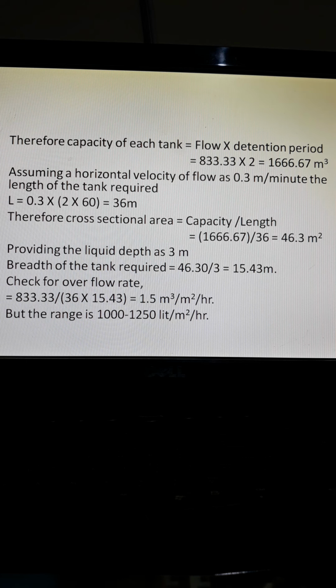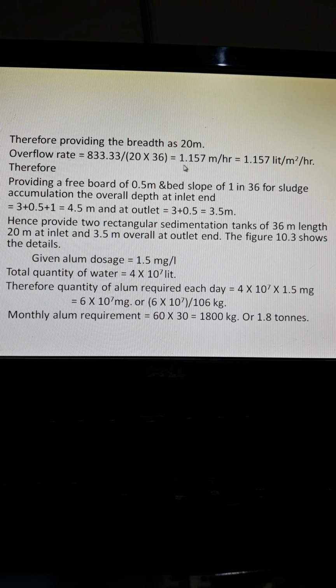Therefore, we will have to increase the surface area. So by increasing the width of the tank from 15.43 meters to some value, say 20 meters, we are providing that as the width of the tank.